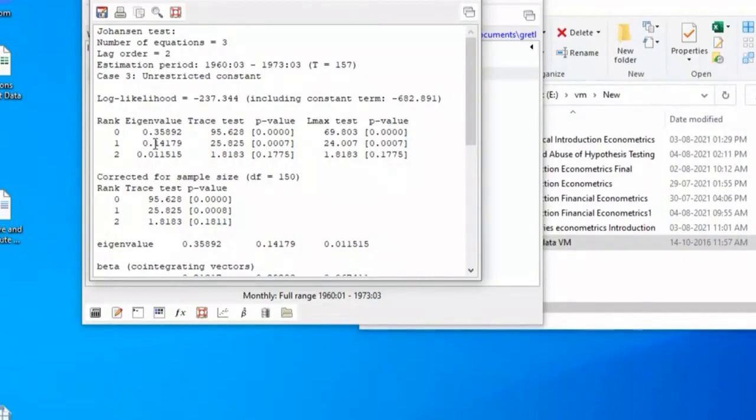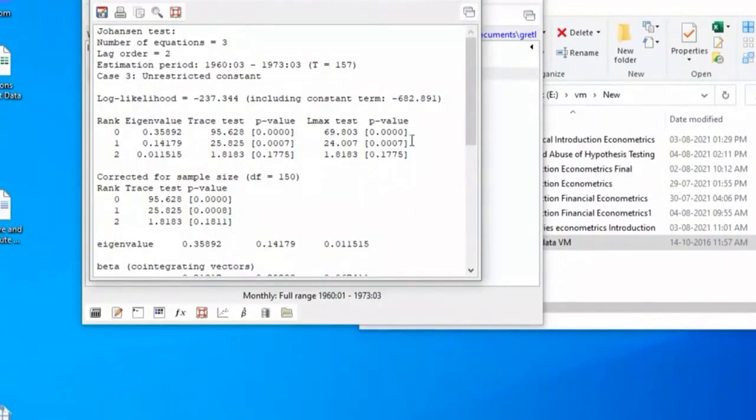They are not non-stationary variables, and that means there were some mistakes in our unit root testing. Got the idea? So be very careful that at least your last row is not rejected.